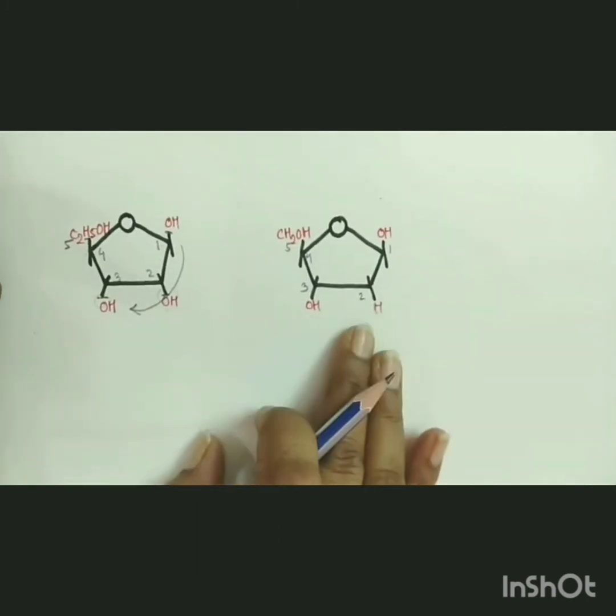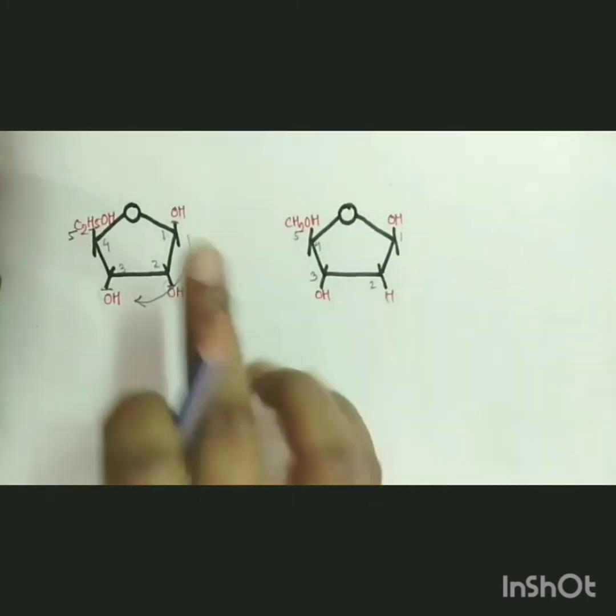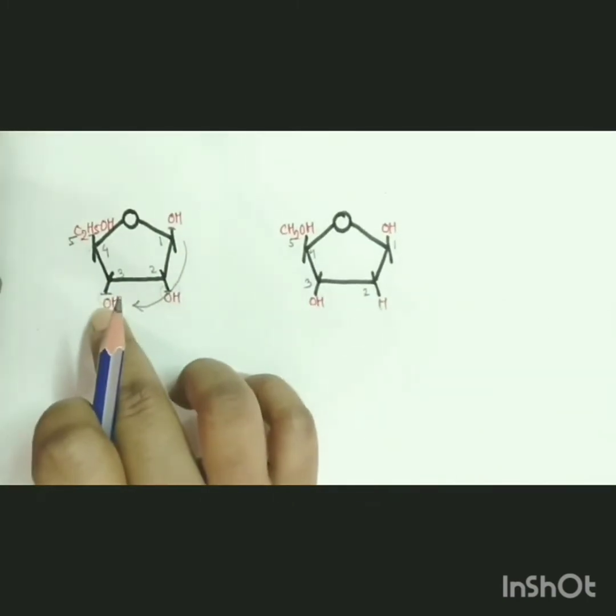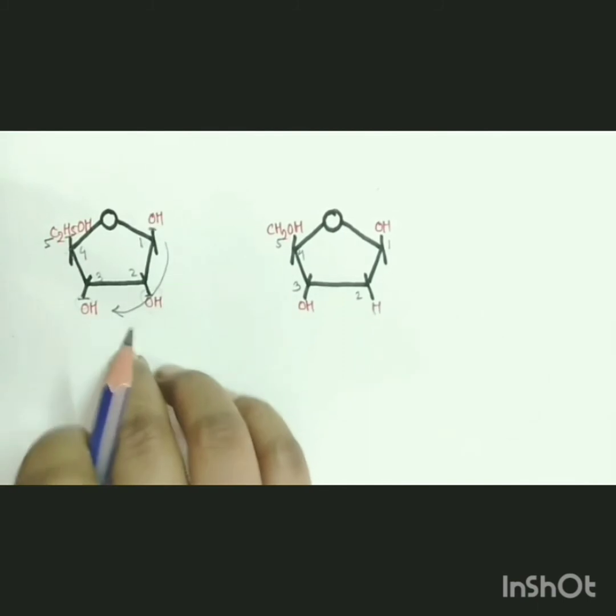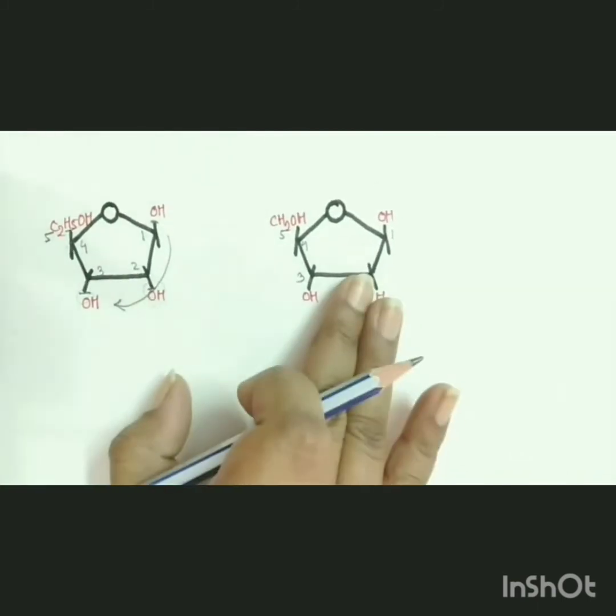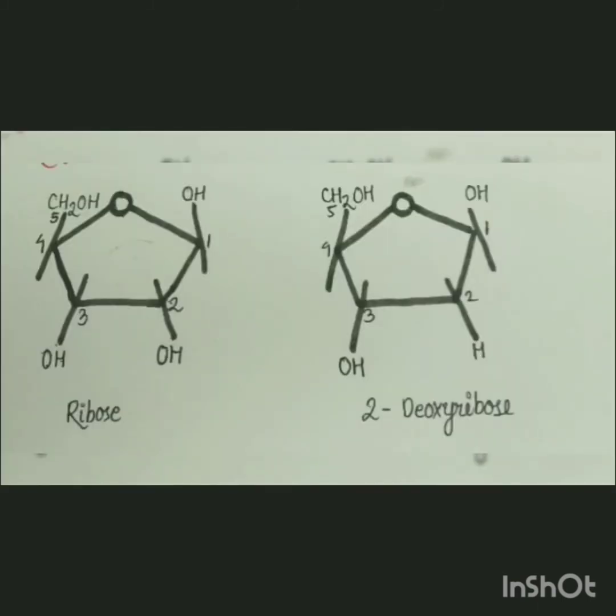Definitely this one, because the first one has OH, OH and OH, which is 3 OH in its structure. But this one has OH, H and another OH, which is 2 OH in its structure. So definitely this one is deoxyribose and this is ribose. I hope you all are clear now.